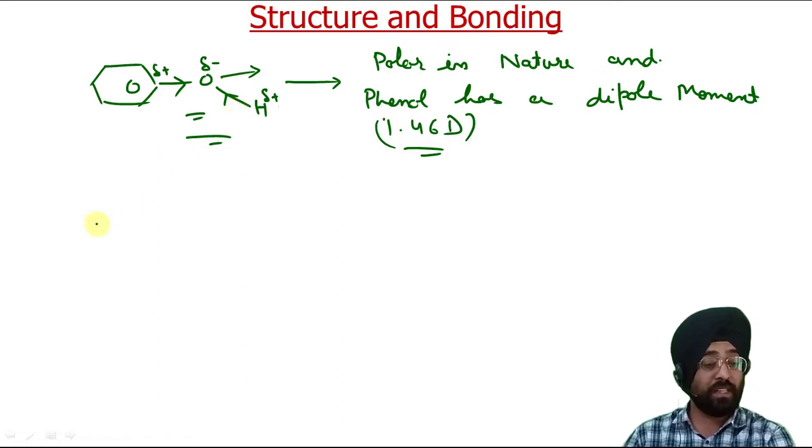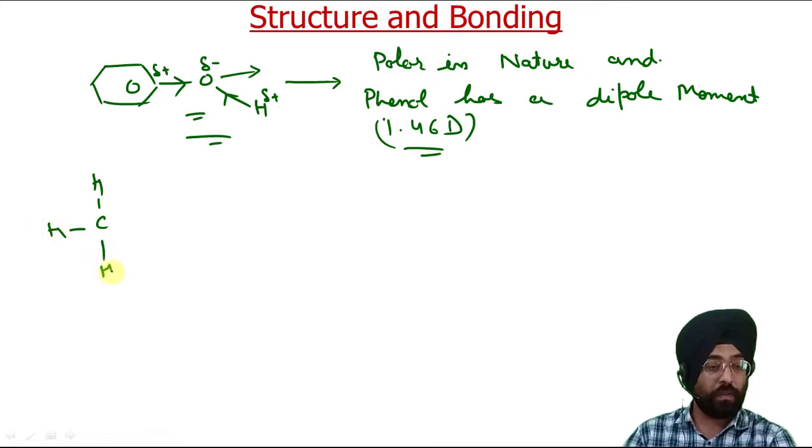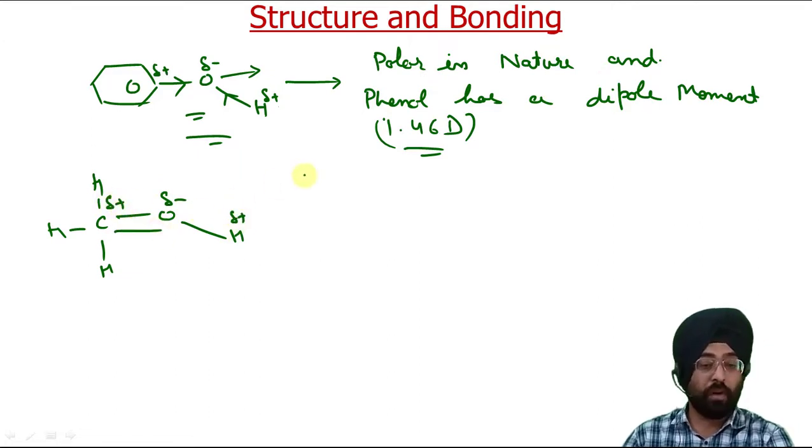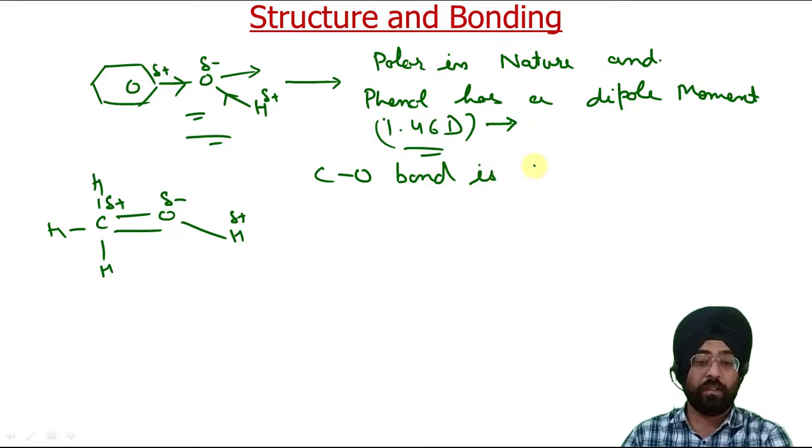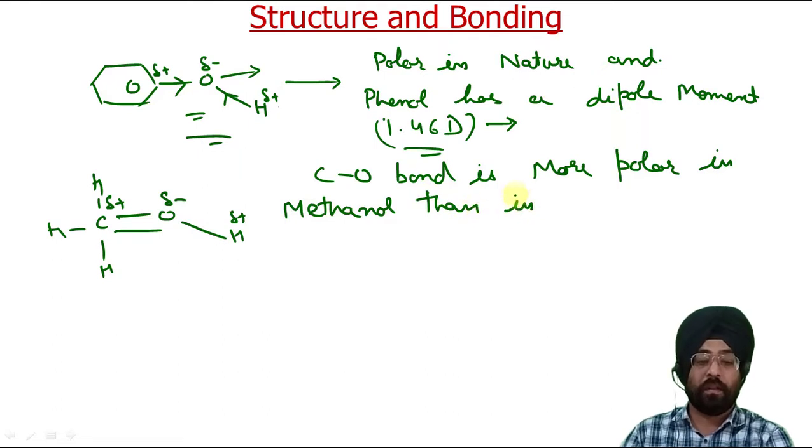And a very interesting thing, if we compare this with the methanol, then in this methanol, this is partial positive, this is partial negative. This carbon oxygen bond, CO bond, this is the dipole moment of carbon oxygen bond. CO bond is more polar in methanol than in phenol.